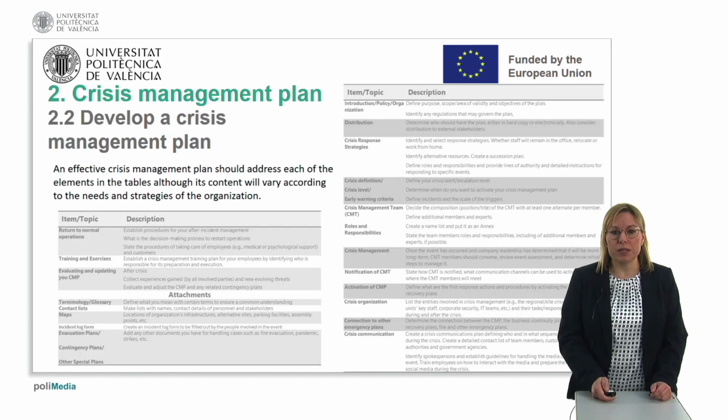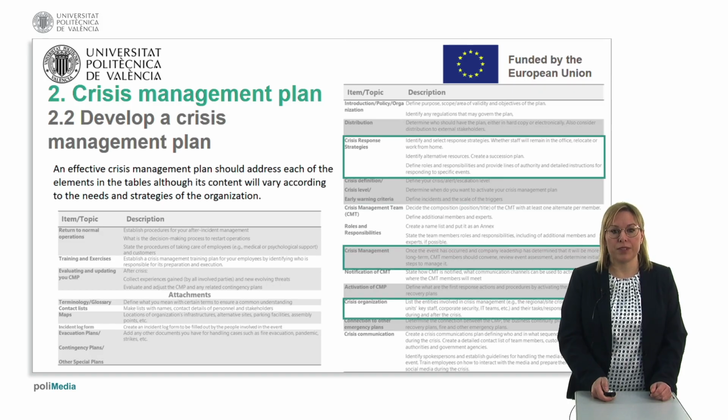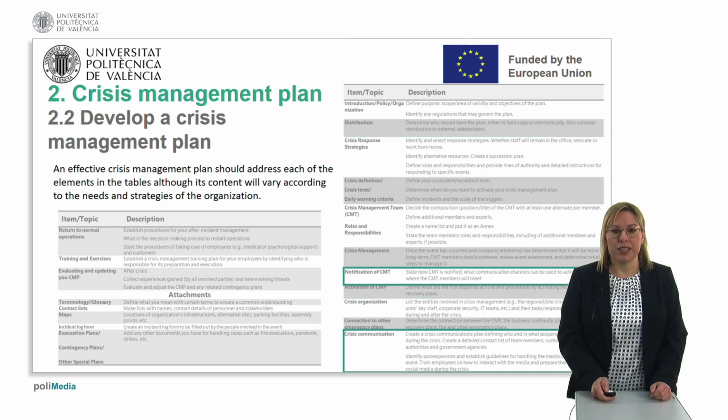The second step is focused on developing a crisis management plan, which, to be effective, needs to include a variety of elements related to personnel, resources, facilities, employee health and safety, business operations management, resource coordination and communication, to mention a few.